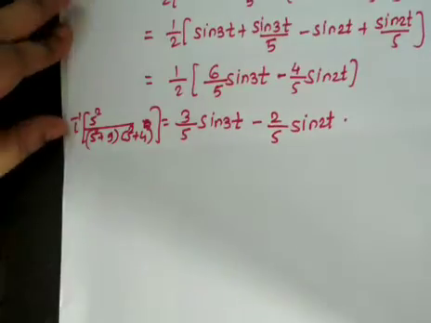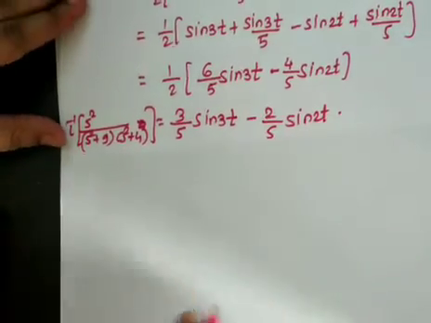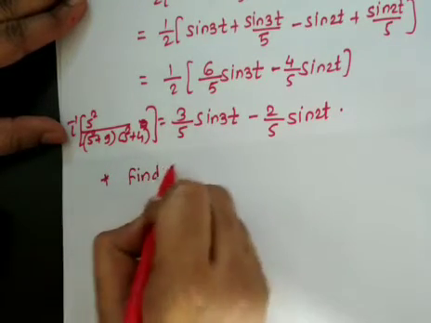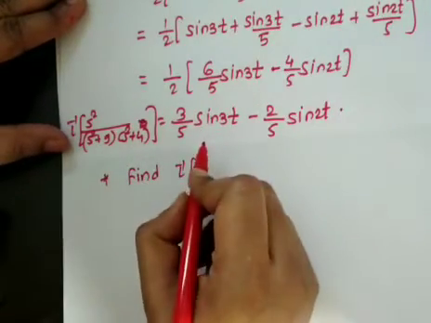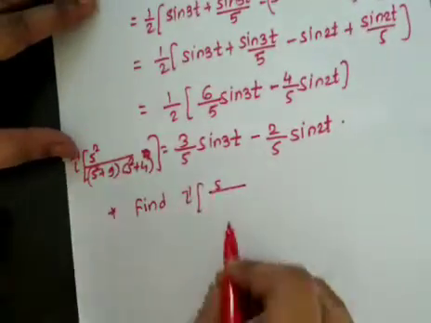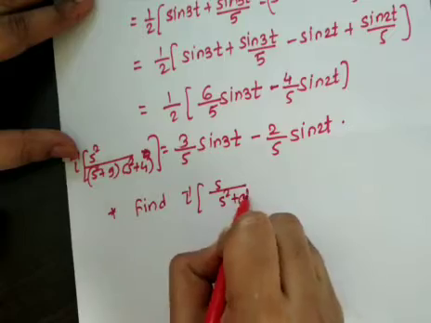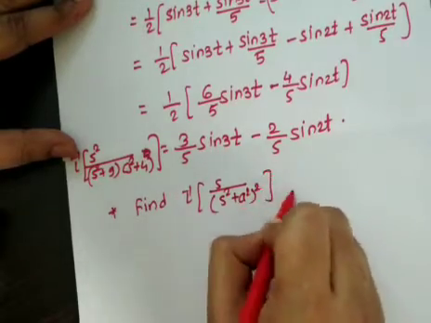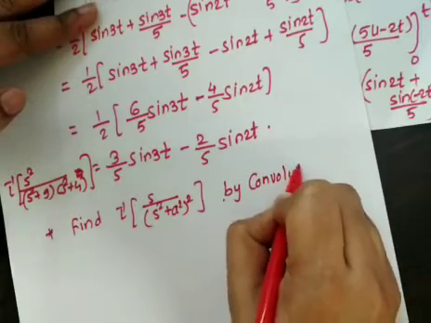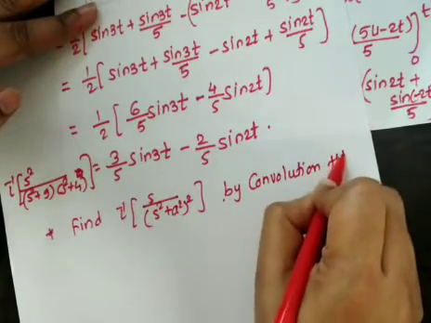Okay, we'll take one more example. Find Laplace inverse of s upon (s square plus a square) whole square by convolution theorem.